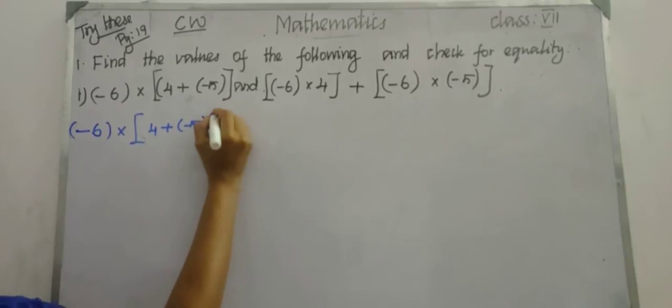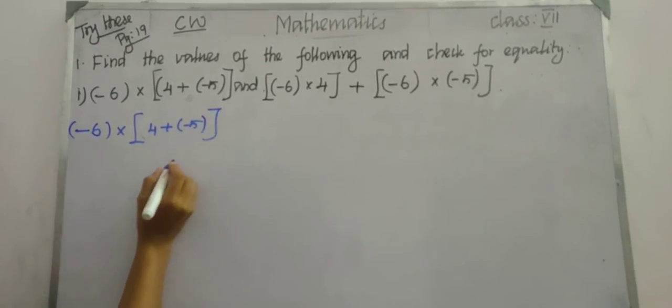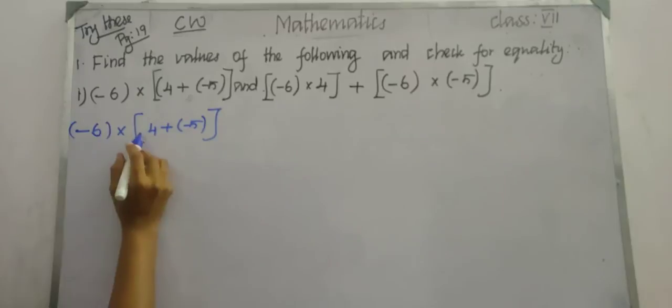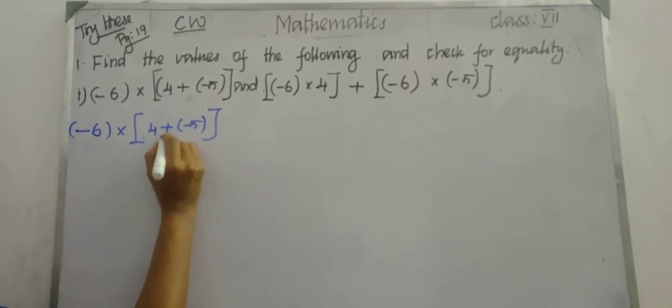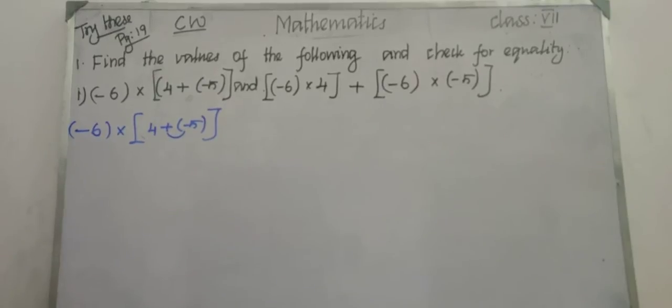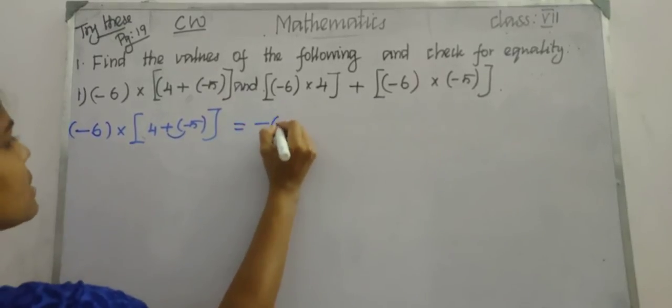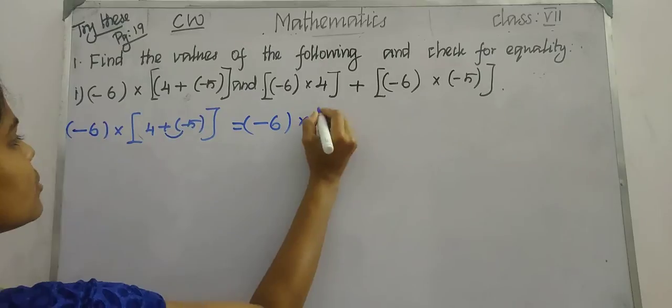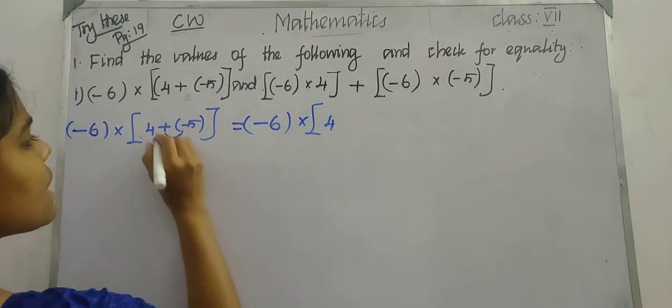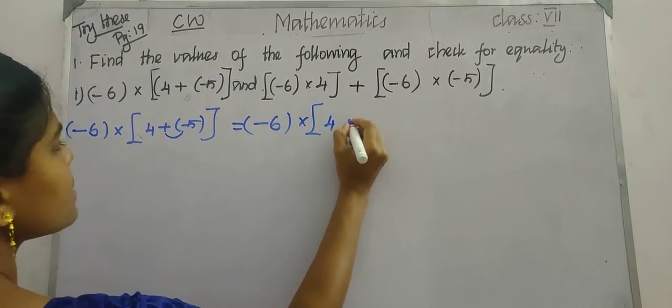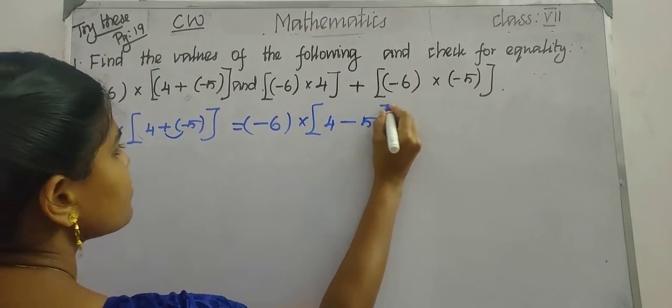Okay, children, what will you do? First of all, let us solve the bracket. See here we are having two signs, plus and minus. So we'll get it as minus 6 into (4 minus 5).